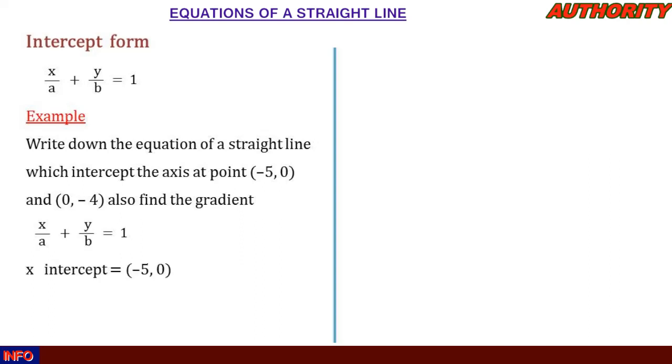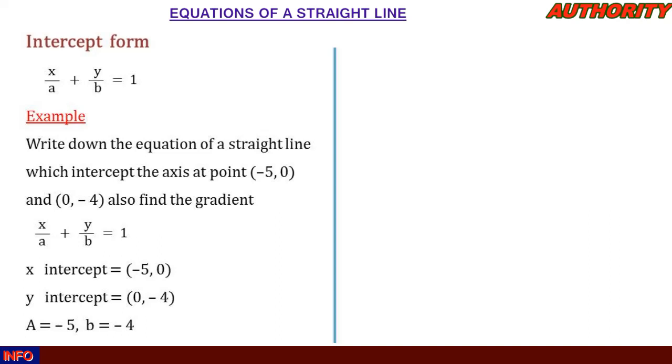At the x-intercept, y is equal to 0, and at the y-intercept, x is equal to 0. Here the x-intercept is -5, 0 and the y-intercept is 0, -4. So our a is -5 and our b is -4.